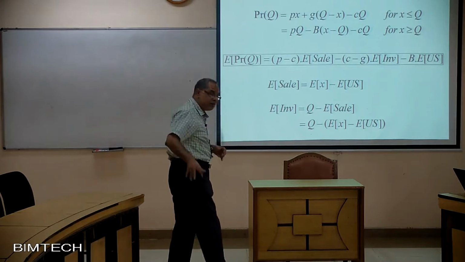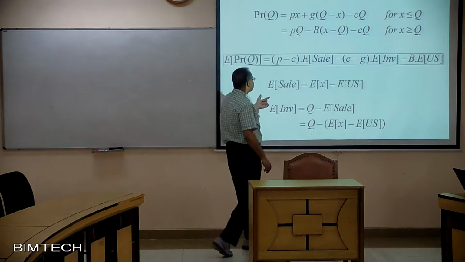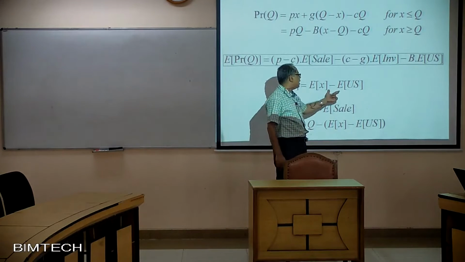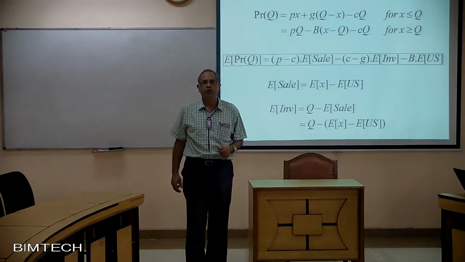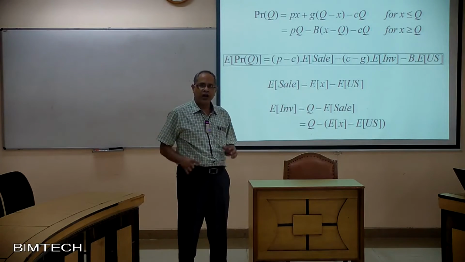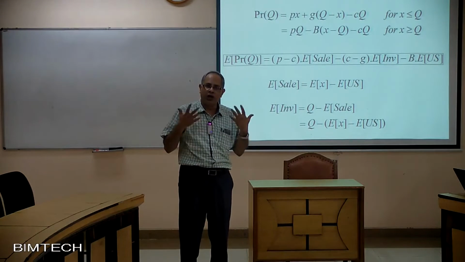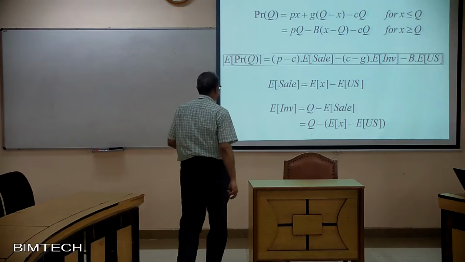So when you combine both these cases, you get expected sale equal to expected demand minus the average number of units by which we go short. Okay, so I hope conceptually you are able to understand why we are saying this.